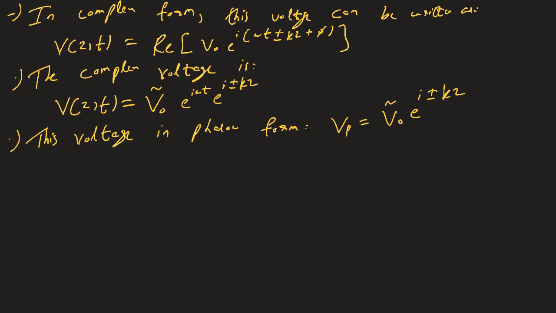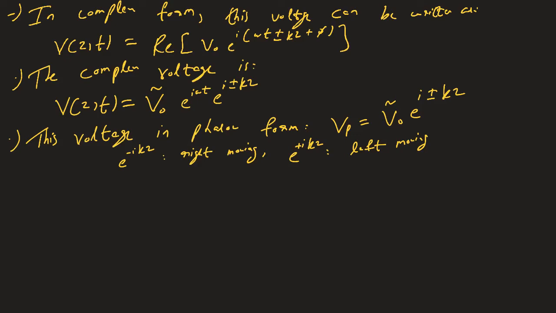So if you have e to the minus i kz, this represents a phasor. This is the phasor representation of a voltage wave which is right moving. And similarly, if you have e to the plus i kz, then you have a phasor for that voltage which represents a left moving voltage wave, right?